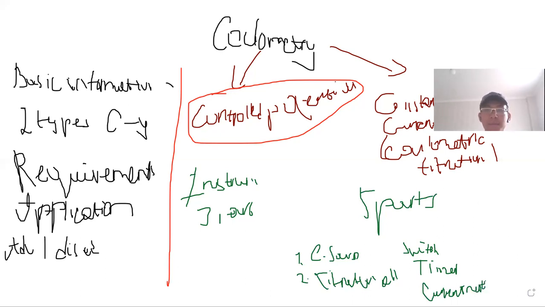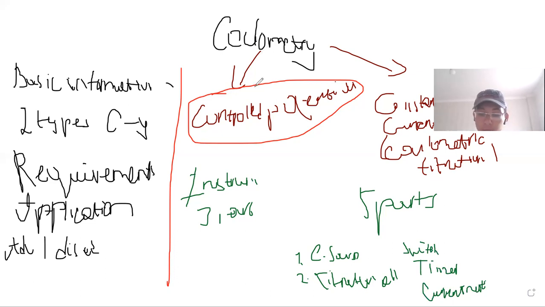Okay, let me repeat again. Controlled potential coulometry consists of three parts: electrolysis cell, potentiostat, and the third one, a device for determining the charge consumed by the analyte. Next one is coulometric titration. It consists of five parts: current source, titration cell, switch, timer, current meter.